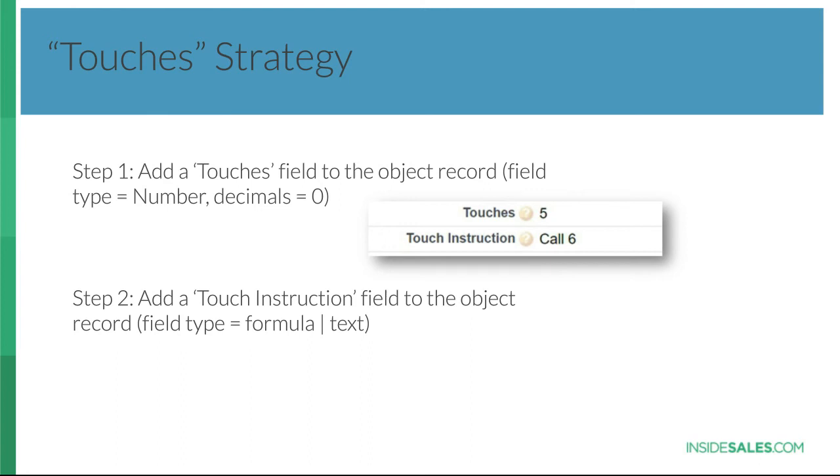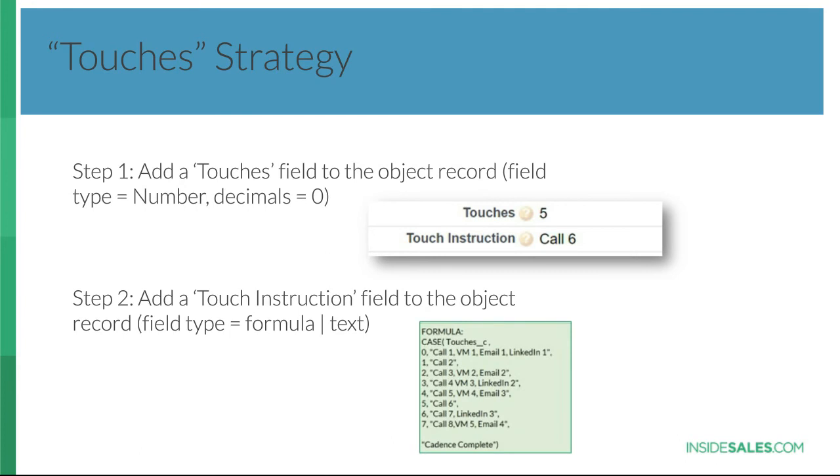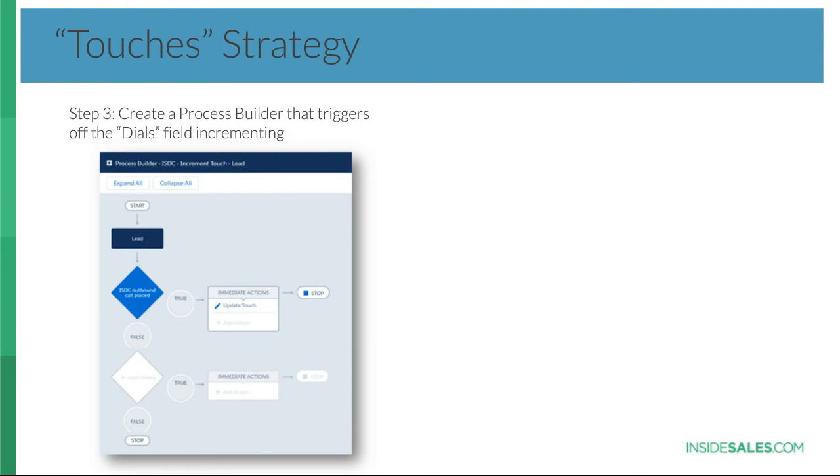Now, discussing why, if the dials field is already there, it was installed during the package installation, why would I go through the trouble of creating touches if I can just look at dials? And the answer is dials is a managed field by Inside Sales.